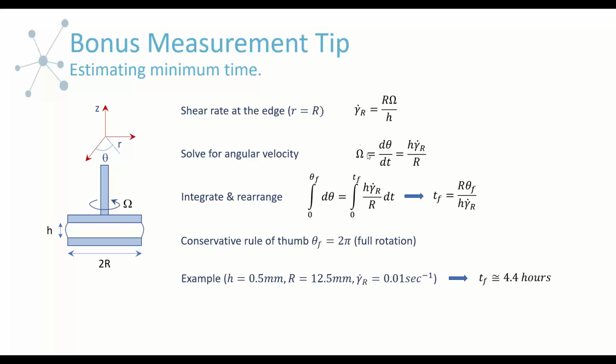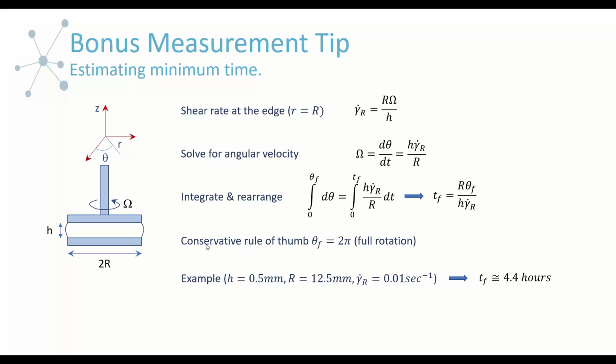So we solve for the angular velocity, which is just the angle increment as a function of time, the derivative of this. If we integrate and rearrange, we have an expression for the time it takes to rotate through a particular angle, given the properties of the parallel plate and the shear rate that we want to operate at.